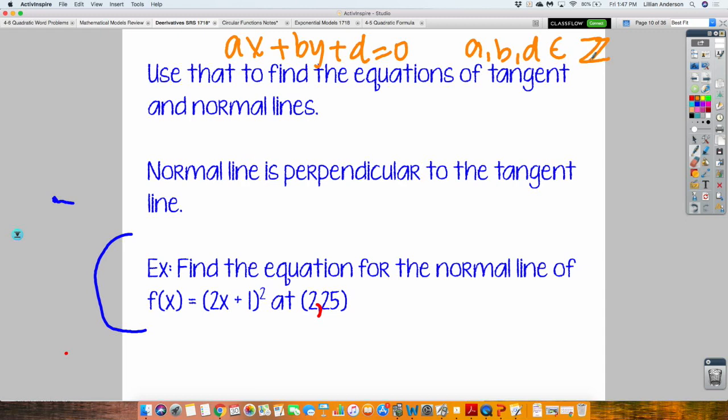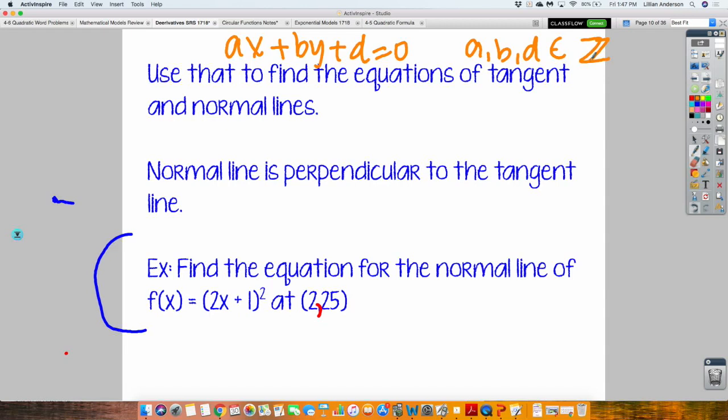So, if I take that last example, what was the slope? 1. So what would be the slope of the normal line? Negative 1, because remember it's the opposite reciprocal. In this one it says find the equation of the normal line of f of x equals (2x plus 1) squared at x equals 2.